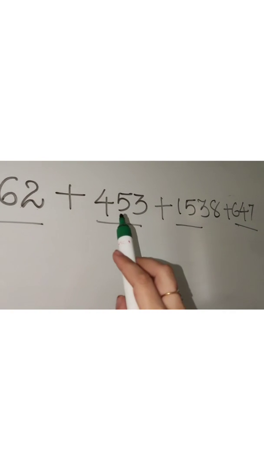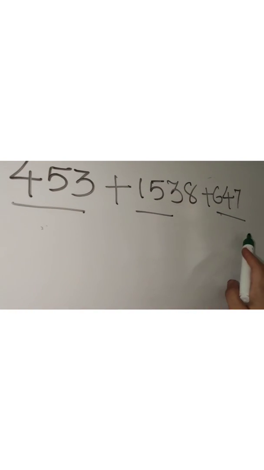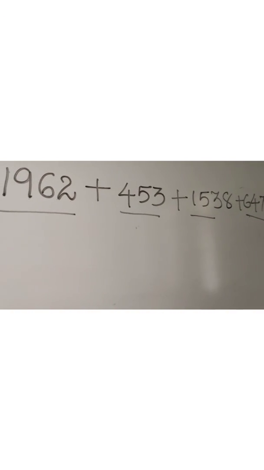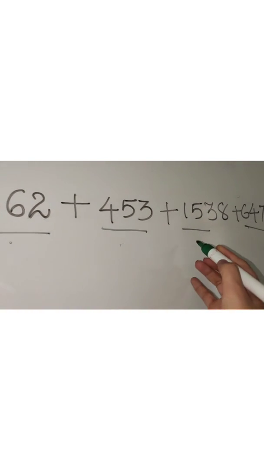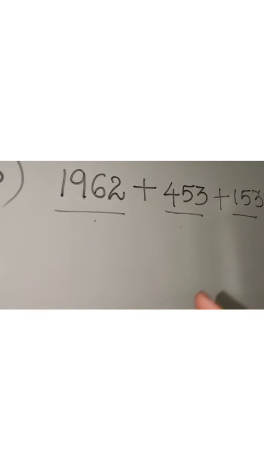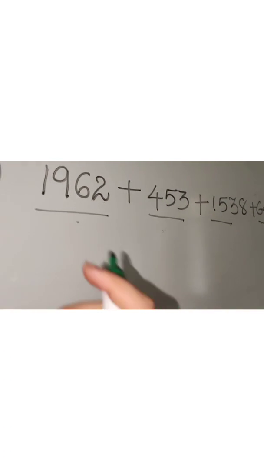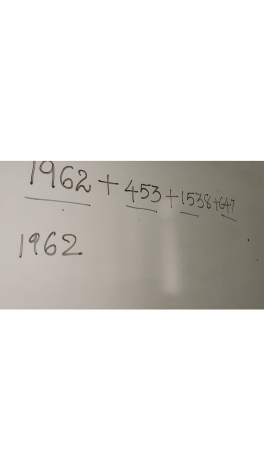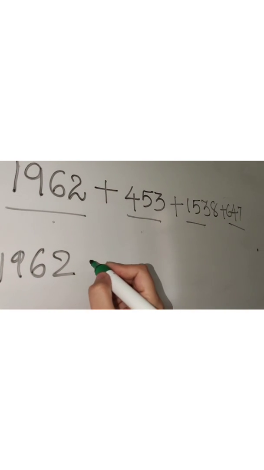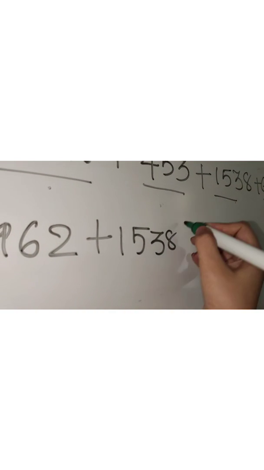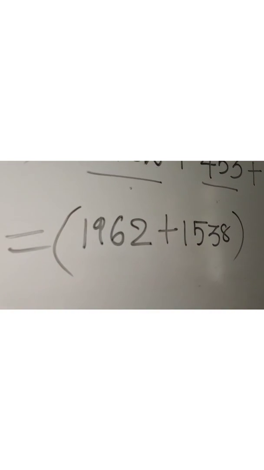This is 3 digit, 4 digit and 3 digit. So how we are going to regroup them? We are going to take 4 digit with 4 digit and 3 digit with 3 digit. Let's do that and write the step. This step is necessary. So 1962, this is our first 4 digit, and then second 4 digit number, that is 1538. So this is our first group.